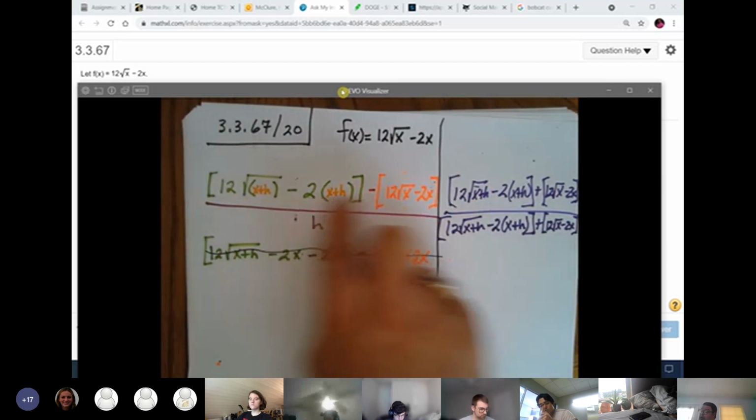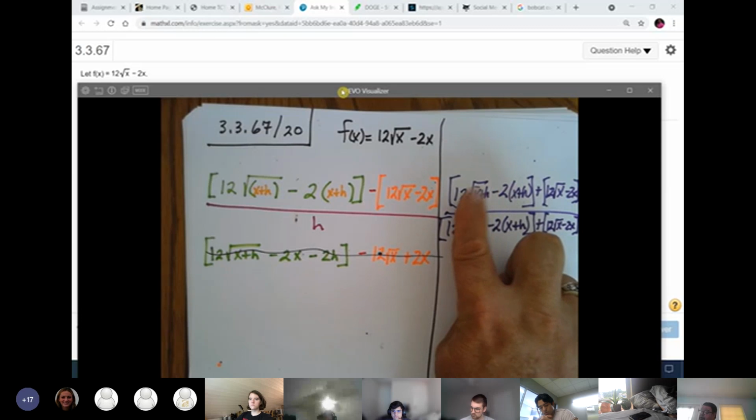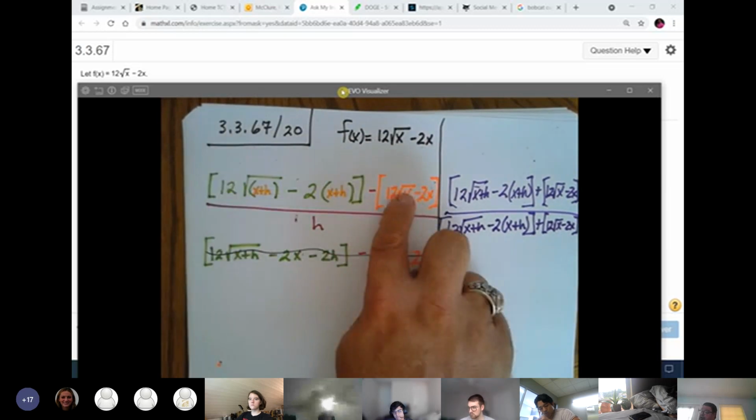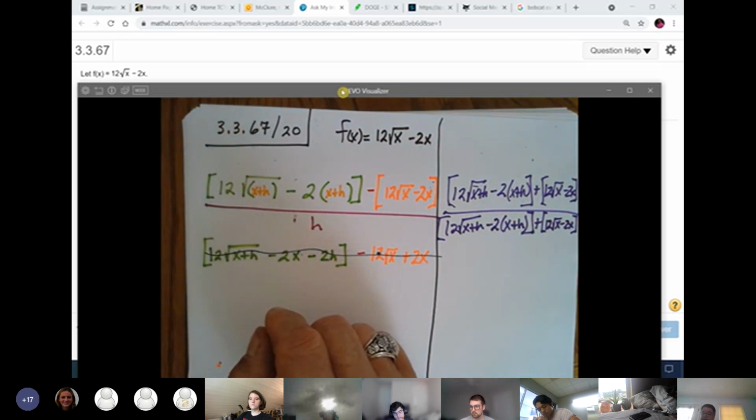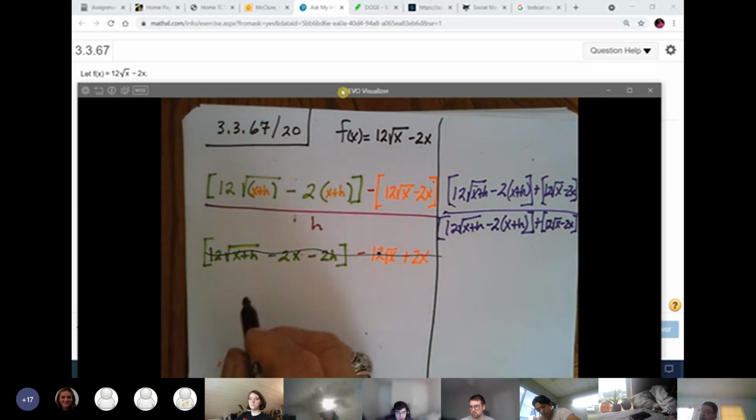And that's going to get rid of the parentheses here and the parentheses here. I meant the radical. So I'm going to write it in.